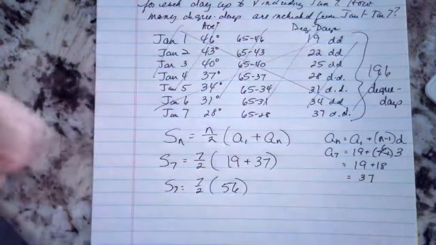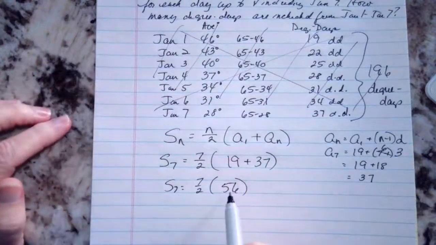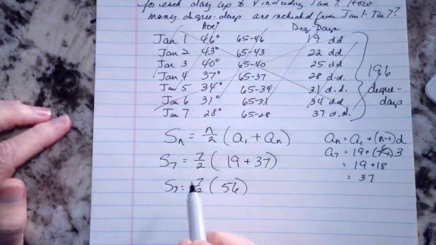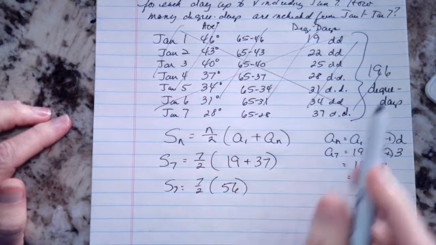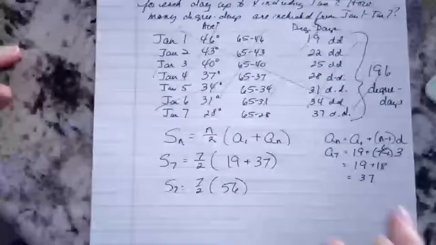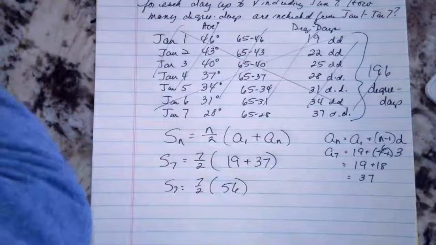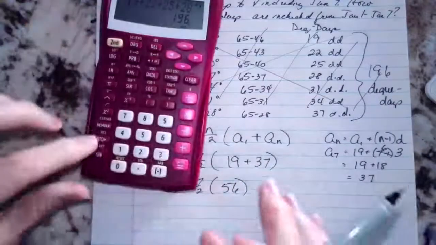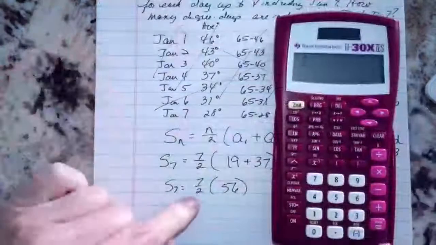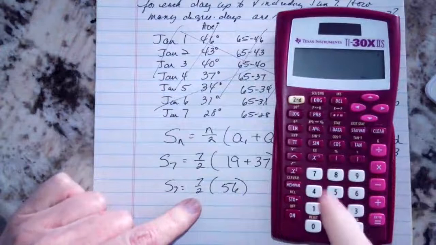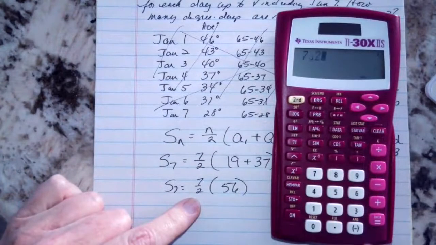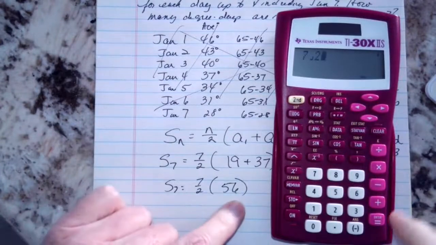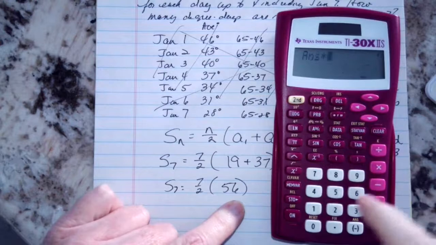And then, well, you can use your calculator, but 2 will go into 56 28 times, and 28 times 7 is 196. Let me show you that. I can find my calculator. There it is. So we're doing 7 over 2 times 56.